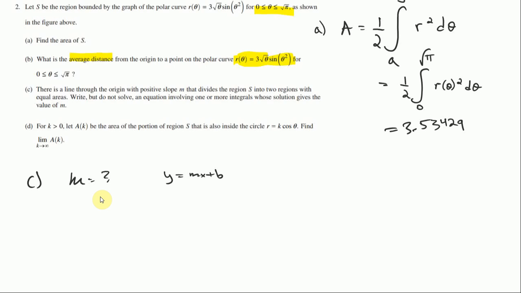Slope is going to be your distance, right? If this is a line with slope m, then this is your distance y, like how much you go in y, over how much you go in x, right? So usually m is equal to y over x.